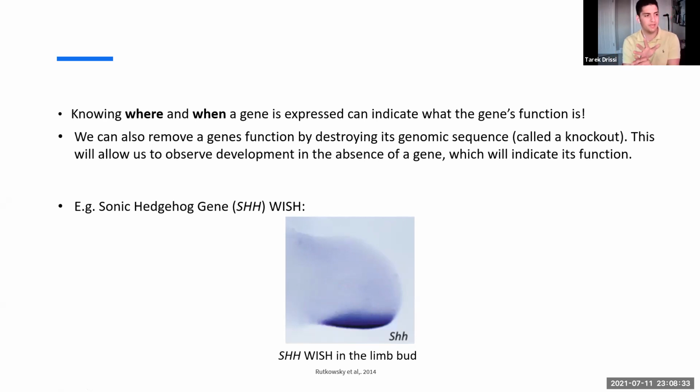So it makes sure that your pinky is here and your thumb is here. And if Sonic Hedgehog doesn't work, then you'll actually form a pinky here, two thumbs in the middle, and a pinky here. It's really weird. It controls how your hand develops. I'm pretty sure it's that way. It might be the opposite direction, but it makes sure you have 5 digits that are unique.